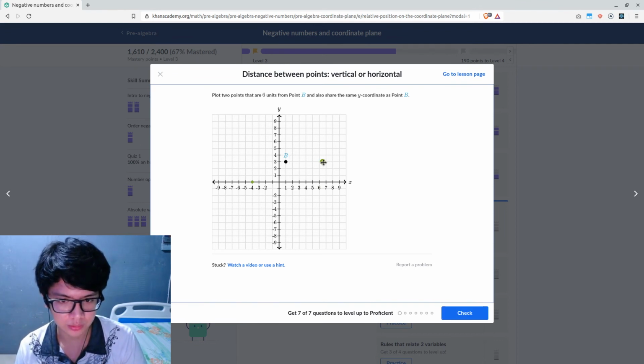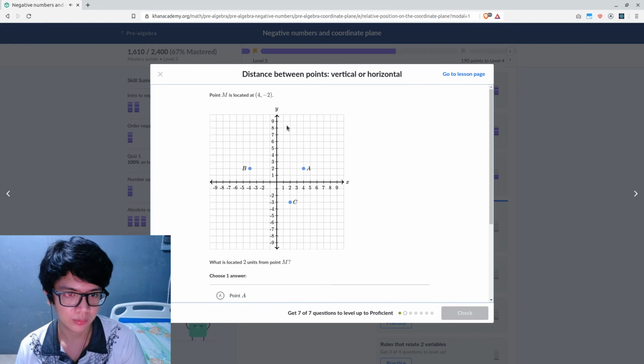Okay, it's going to be at 7. 1, 2, 3, 4, 5, 6. 1, 2, 3, 4, 5, 6. Pretty sure it's correct. 4, negative 2. Let's see.